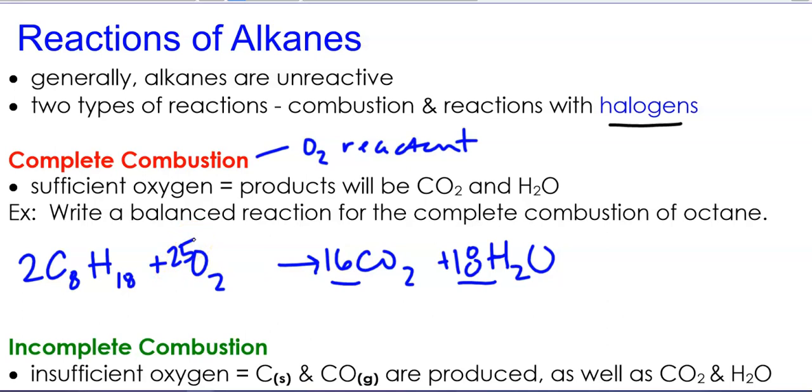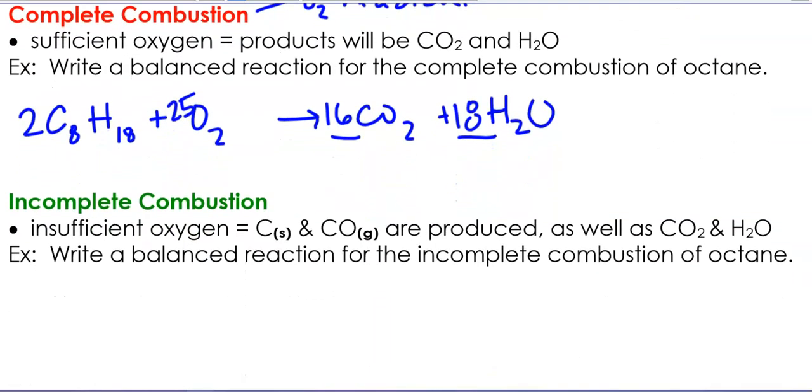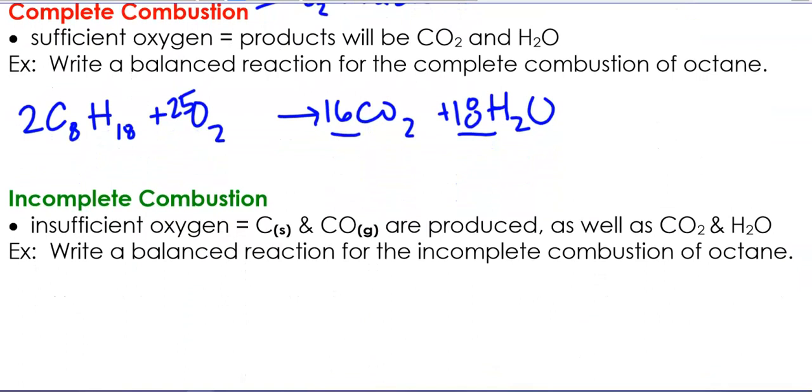When there's not enough oxygen, then we have incomplete combustion. So you are going to either get carbon monoxide instead of CO2, or if there really isn't enough oxygen, you'll get carbon solid instead of the CO2. So soot. IB likes to ask about this and say, what are some problems with incomplete combustion, or why is it dangerous?